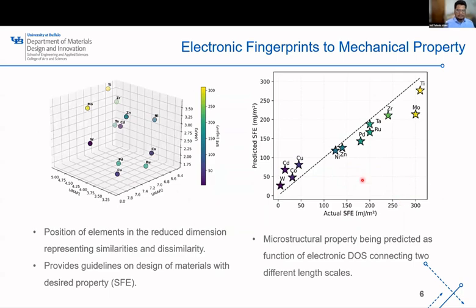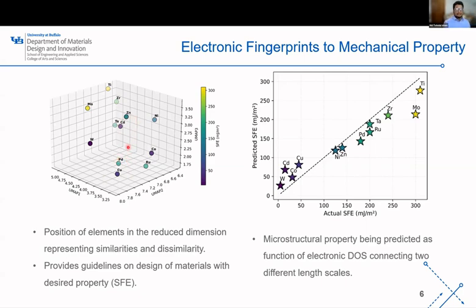The figure on the left side shows how elements are positioned in reduced dimensional space based on their electronic configurations. If two elements are close together, it means their density of states patterns are very similar. In contrast, if they are far apart, for example, copper and zinc, they are positioned in different places.